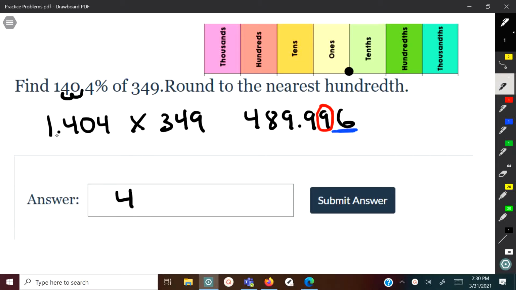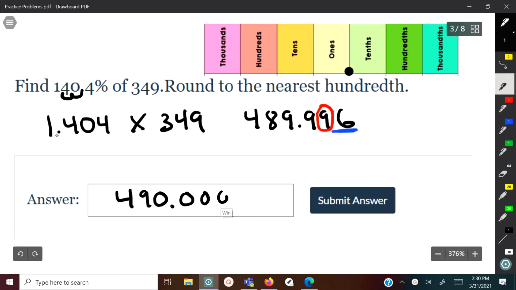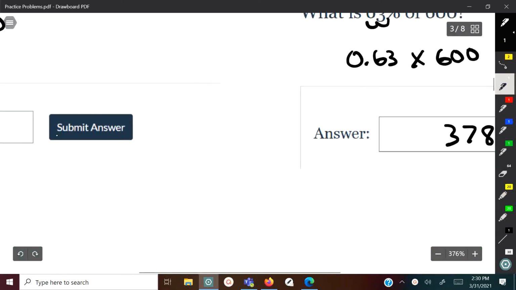So you've got 490. And you don't have to put the zeros on the end here because it's a decimal. But that's it. That is rounding.